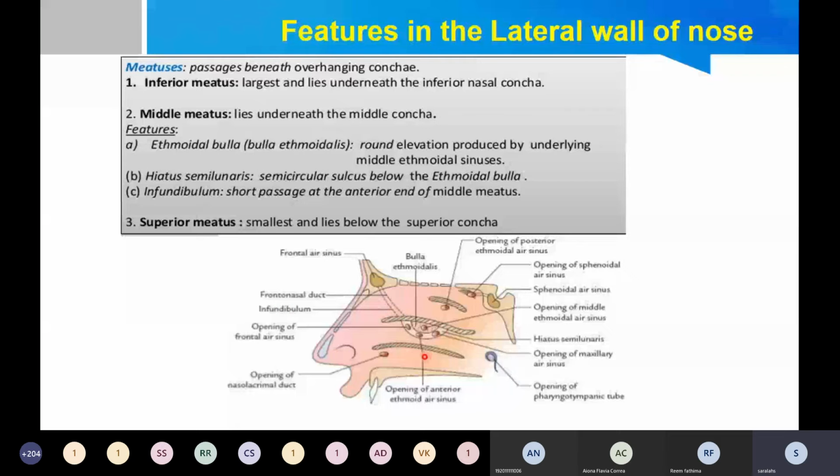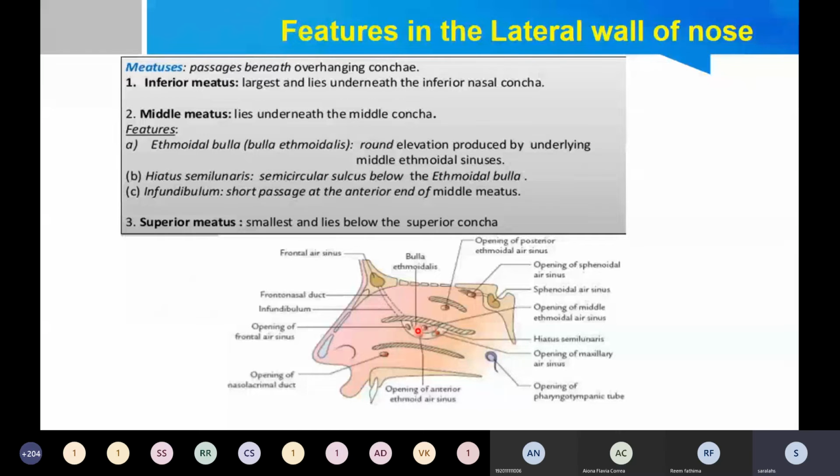These three are the features seen in the middle meatus. What are the three features in the middle meatus? That is the bulla ethmoidalis, hiatus semilunaris, and the infundibulum. So why is this area divided into bulla ethmoidalis, hiatus semilunaris or infundibulum?